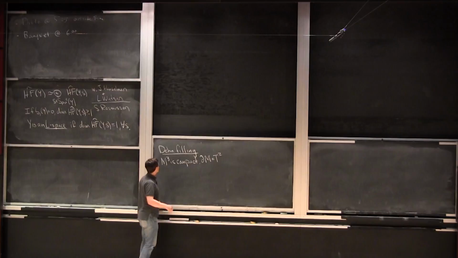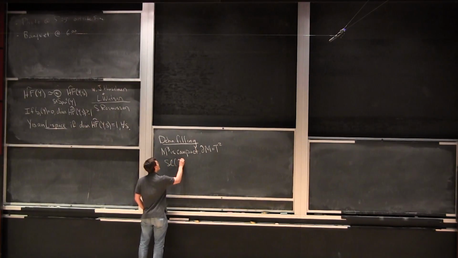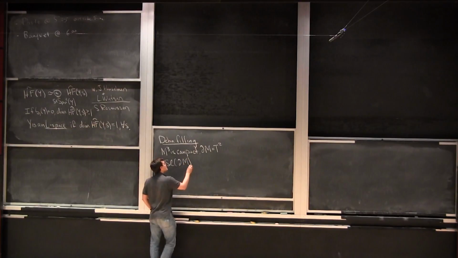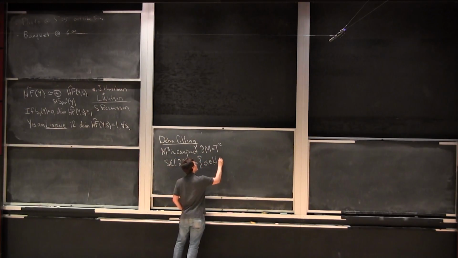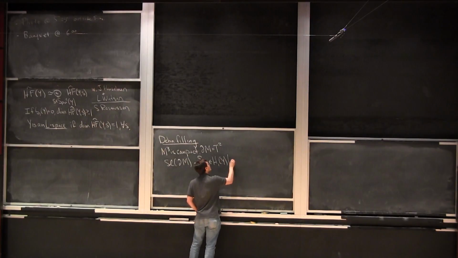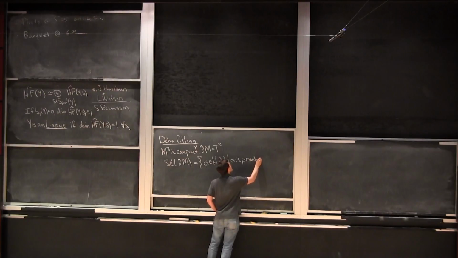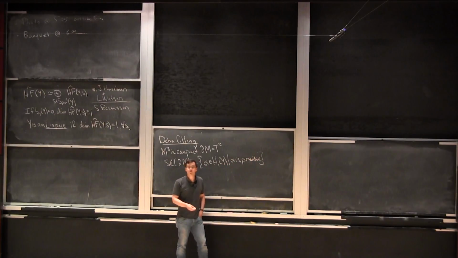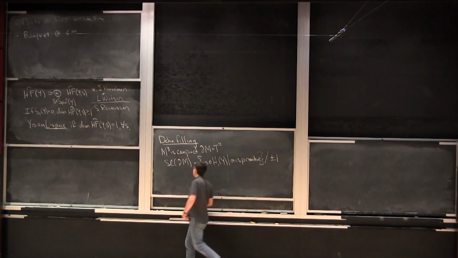Then we can talk about the slopes on the boundary of M. The set of Dehn filling slopes is the set of alpha in H_1 of the boundary such that alpha is primitive, not a multiple of some other class. So it can be represented by a closed curve, modulo plus or minus 1.